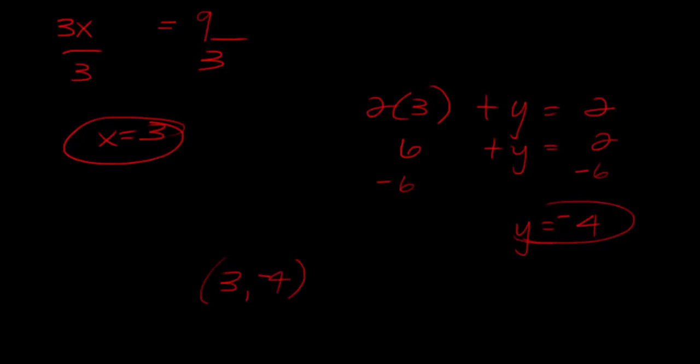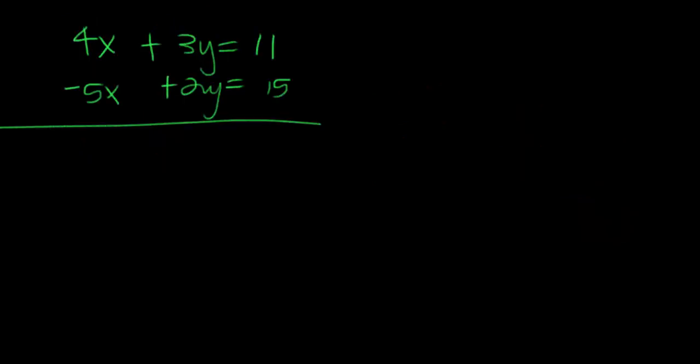In this example, I start off by making sure that they're both in standard form, and they are. My x's are on top of each other, my y's are on top of each other, my constants are on top of each other. And I add it together to see if any variables cancel, and they do not. So I'm going to have to rethink it.